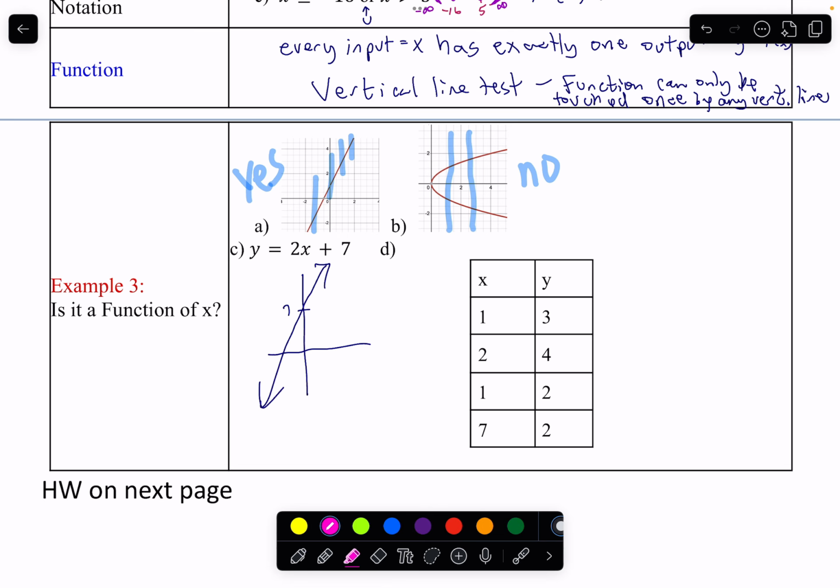But we can even do the vertical line test if we know that that's a line, and that's also a yes. Now, all types of lines are functions except for vertical ones. That's the only one that doesn't follow that rule.